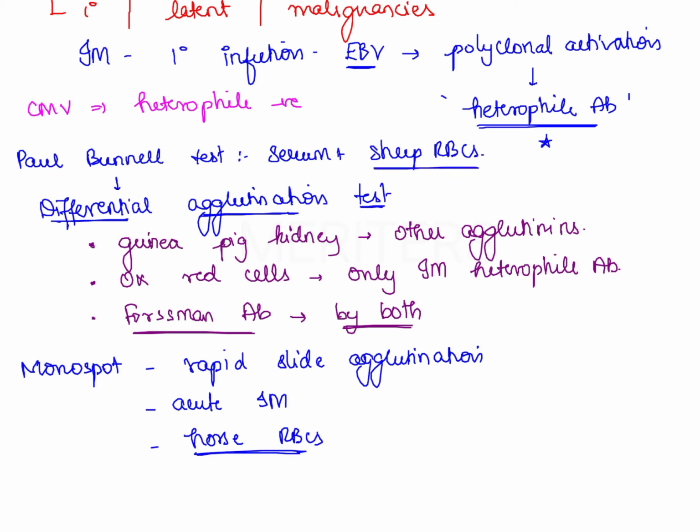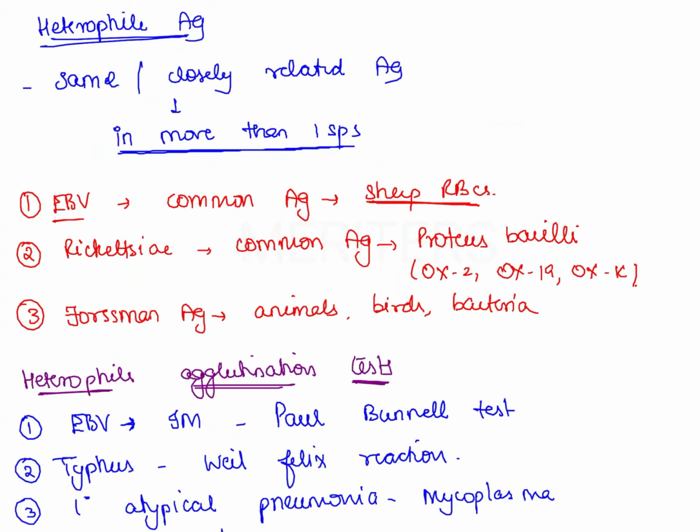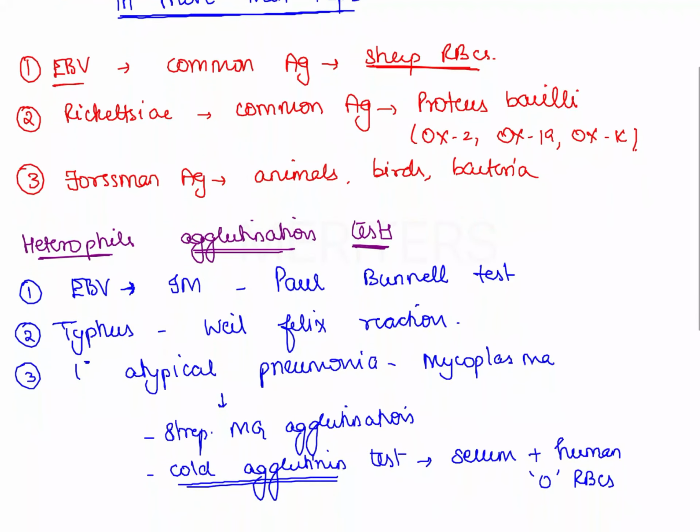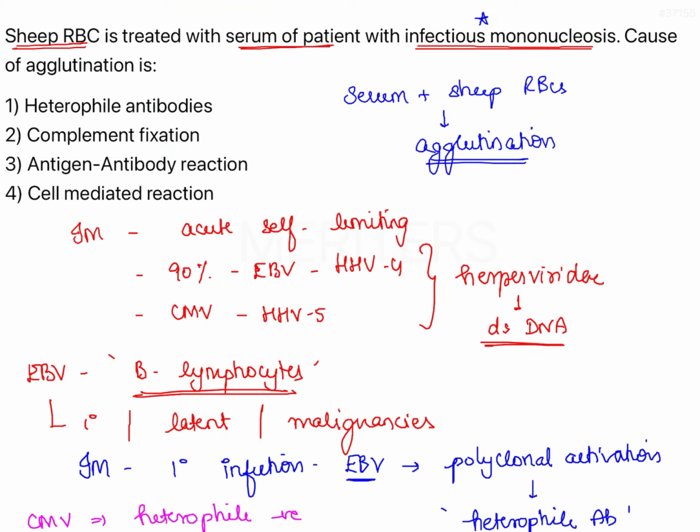But the specificity of the monospot test is comparatively lesser than the Paul-Bunnell test, and it is used to diagnose acute infectious mononucleosis. So these are some important points to know about infectious mononucleosis, specifically about Epstein-Barr virus induced infectious mononucleosis. I have also listed some of the important heterophile antigens and the heterophile agglutination tests to detect those antigens. And now getting back to the question.